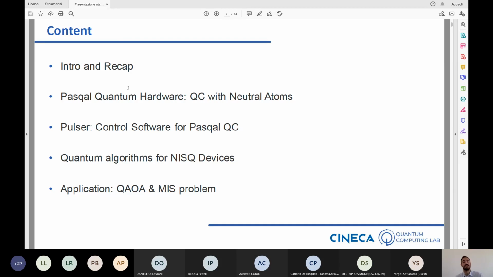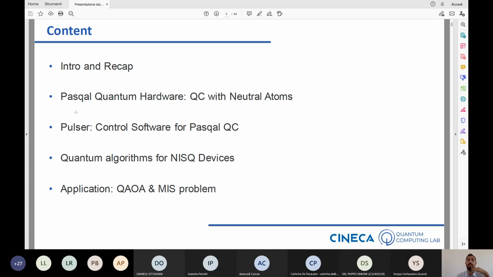First, we will have an intro and a recap of what you have seen about the hardware and the ecosystem. Then we will go deeper into the hardware of a neutral atom quantum computer. Then we will have a programming session where I'm going to show you how to program this quantum computer with neutral atoms in an analog way.